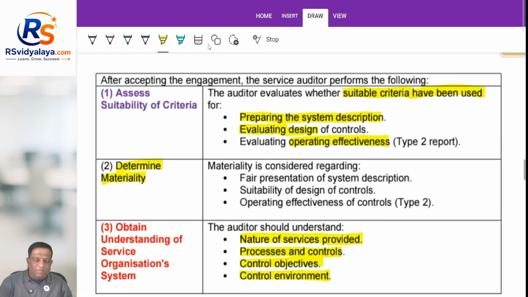Where is he performing procedures? He is performing at the SO. Is he verifying the financial statements of the SO? The answer is no. That is not his job. He has not been appointed to review the financial statements of the service organization.